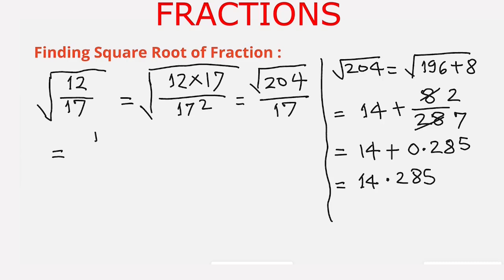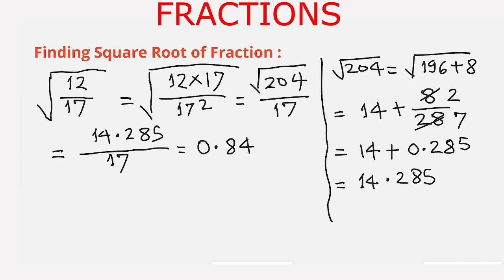So this is 14.285 divided by 17. This is equal to 0. Now we divide 142 by 17. 17 times 8 is 136. 142 minus 136 is 6. We carry 8. It becomes 68. 17 times 4 is 68.